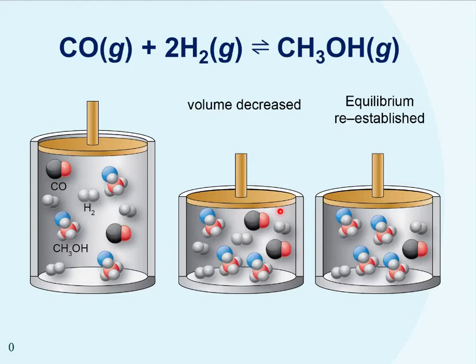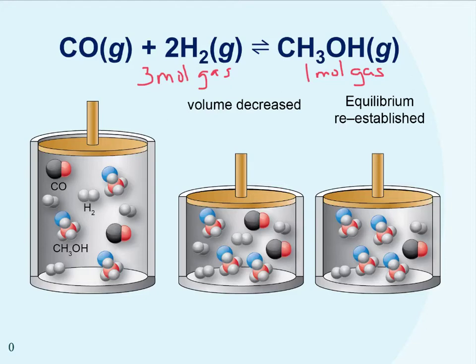When I look at my overall reaction, if I look on the left, I have 3 moles of gas on the left and only 1 mole of gas on the right. And so if I shift this reaction to the right, I'm going to overall decrease the number of moles of gas I have. That's a good thing, because if I decrease the total number of moles of gas, then I'm also going to decrease the pressure.